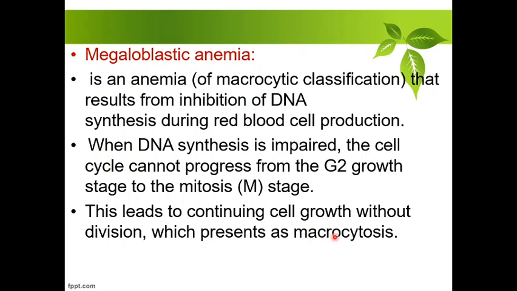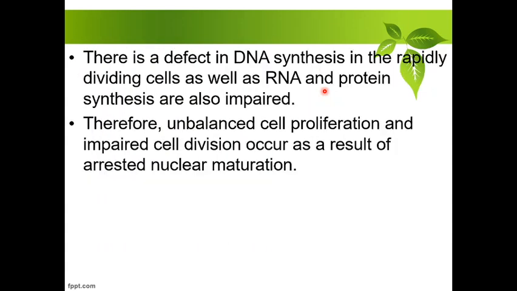Macro always means large, right? So the red cell becomes large, a megaloblast, and how do we classify this? Macrocytic, that is, the red cell becomes large but is not divided.